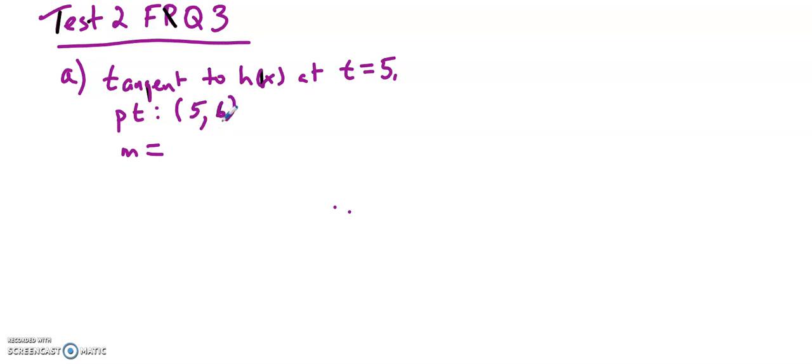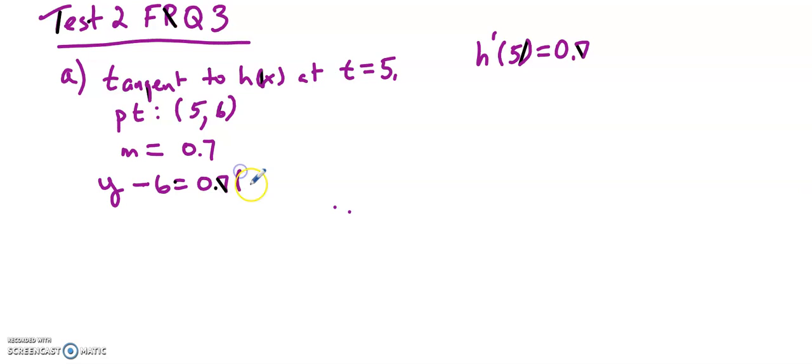And looking at your table, that table displays the different times and the derivative of h. So h prime at t equals 5, you're told, is 0.7. So that's my slope. So my tangent line would simply be y minus 6 equals 0.7 times t minus 5. And there's my tangent line.